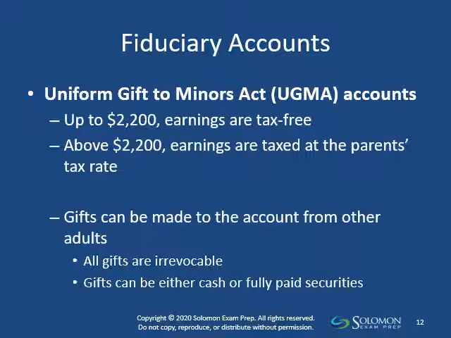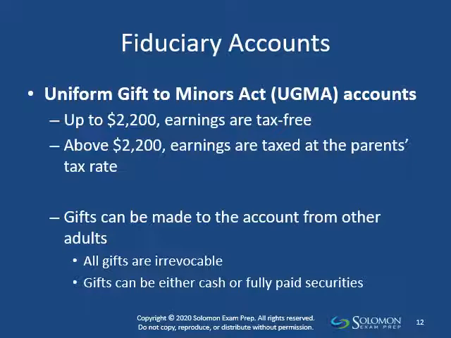Here is some additional important information about UGMA accounts. Regarding taxation, the first $2,200 of earnings are tax-free, but above $2,200, the earnings are taxed at the parent's tax rate.